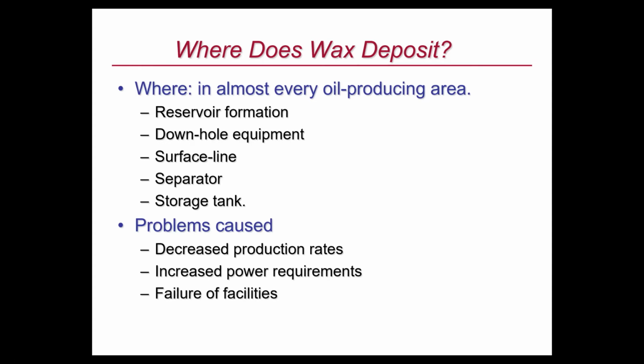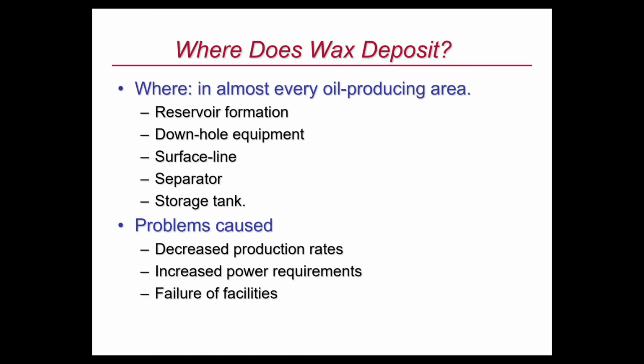We can have the deposition of wax in the reservoir, downhole equipment, surface line, pipeline, separator, and then the storage tank is a big problem. This wax deposition in the storage tank, because you can have a lot of wax produced as small particles, and because flow is happening, they are formed and suspended.